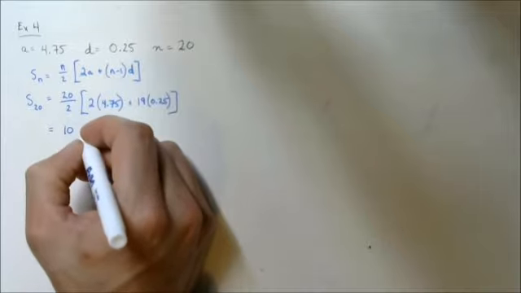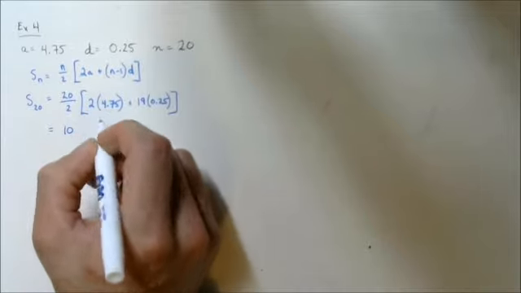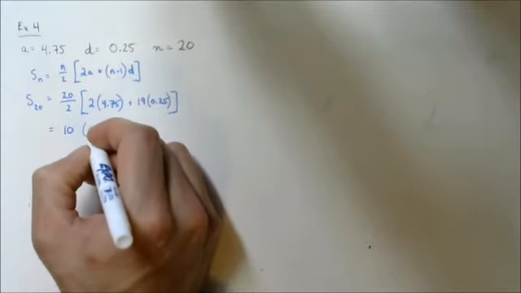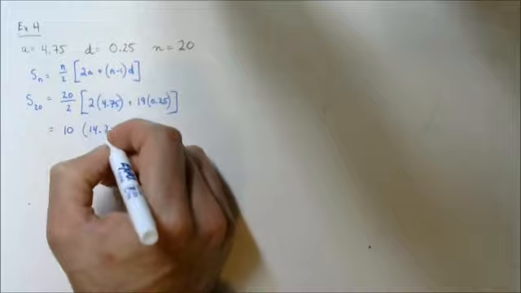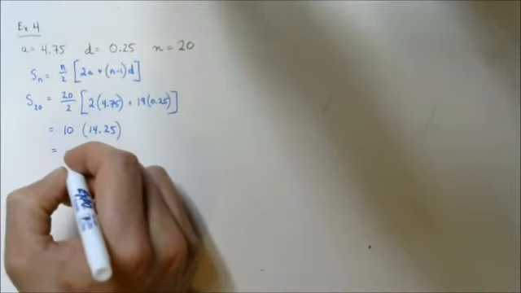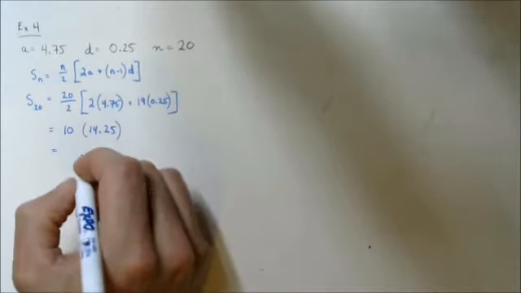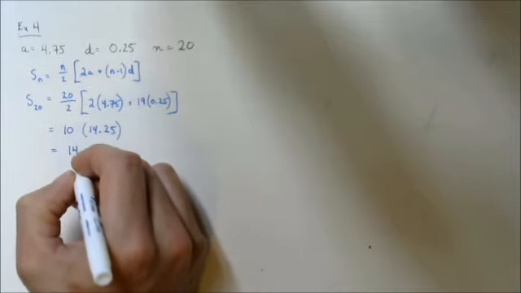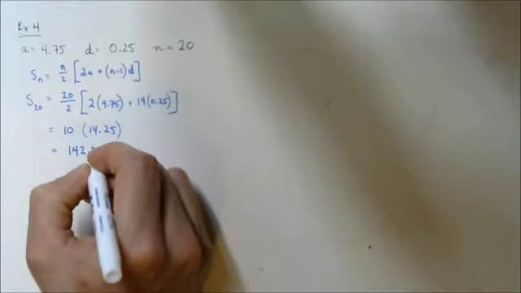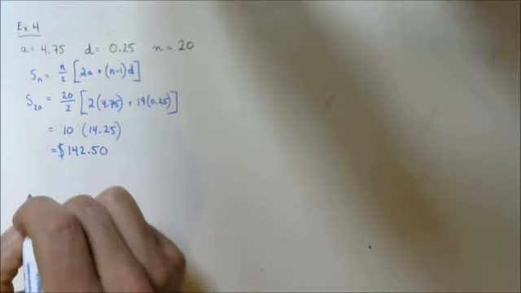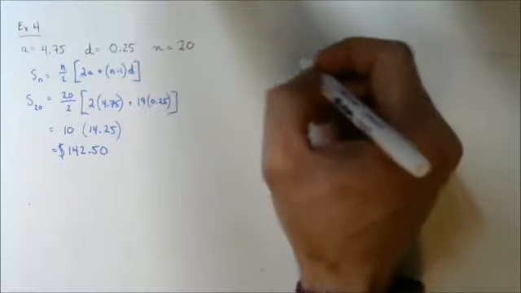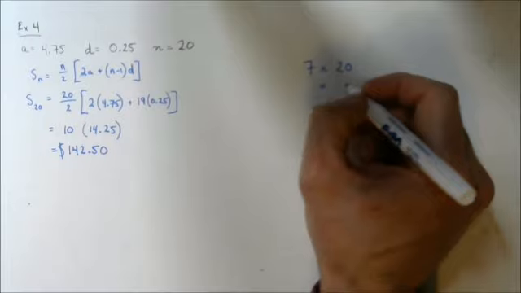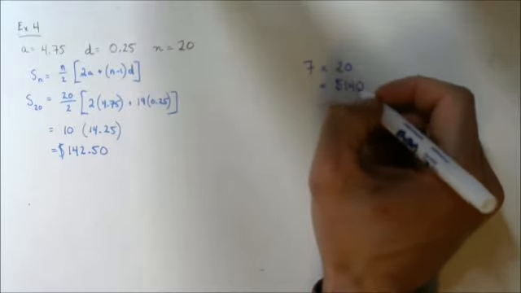That gives us 10 times 14.25, we'll just click, click, click in your calculator. After 20 hours, with this payment scheme, the student will earn $142.50. All right. Over here, option 2 is simply $7 an hour times 20 hours, which is $140.